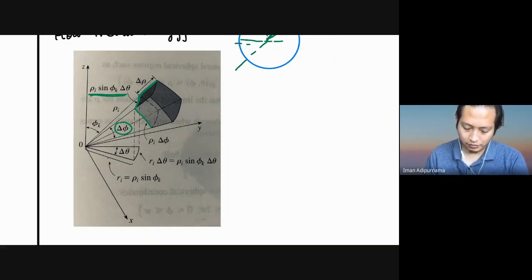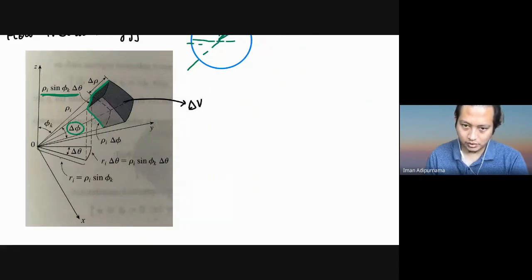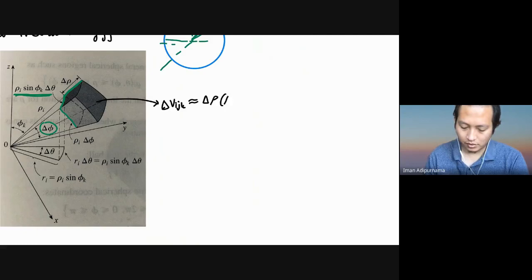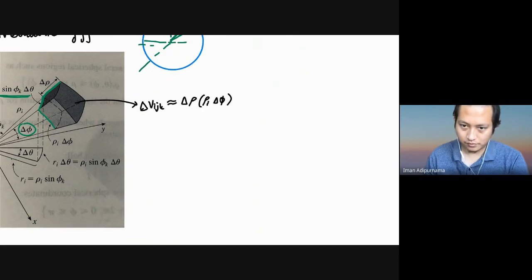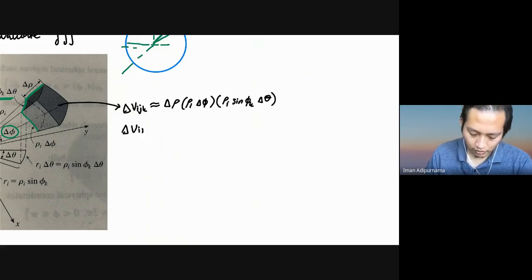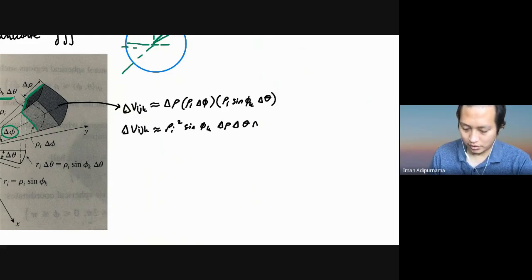So the volume from this part of rectangle, because it's very, very small, we can write them approximately, and it becomes rho squared sine psi, and then delta rho, delta theta, and delta psi.